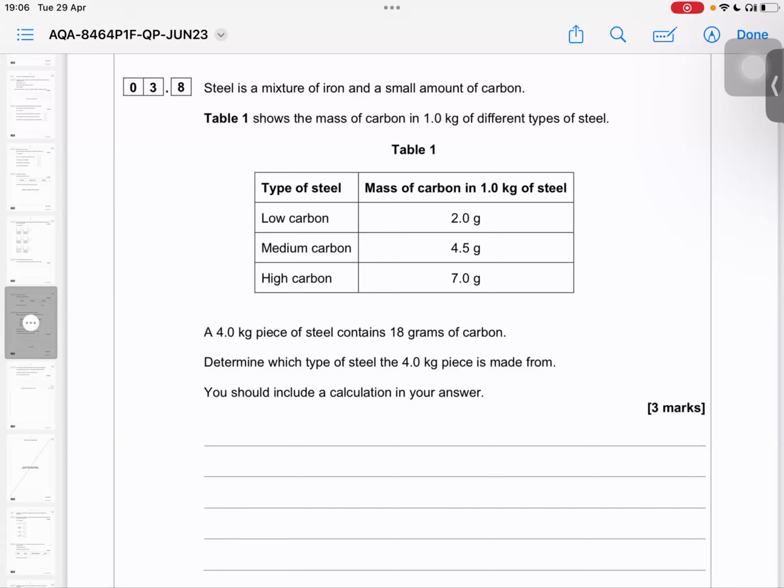The gram divided by the kilogram. Did you say you would divide? Yeah. Okay, I was not too sure I heard you well. So if you divide 18 by 4, what would you get?